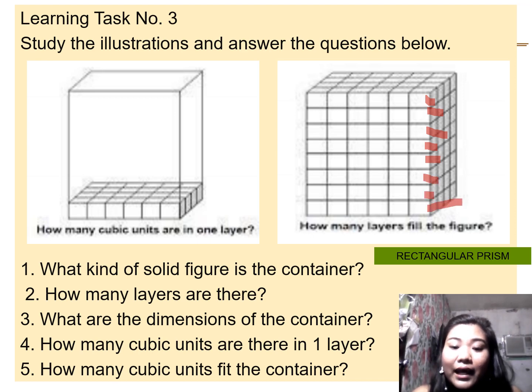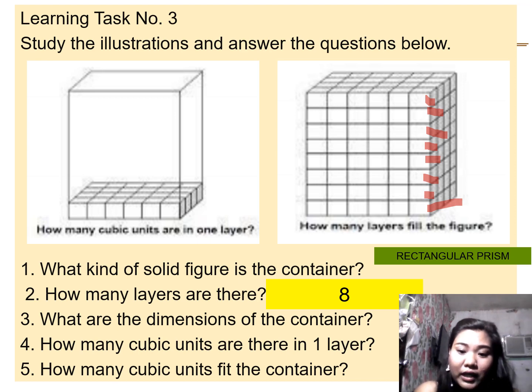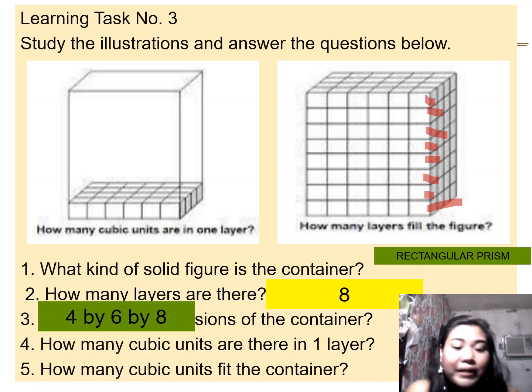So, the height is 8. What are the dimensions of the container? The dimensions will be 4 by 6 by 8. That is its dimension: 4 for width, 6 for length, then 8 for height.